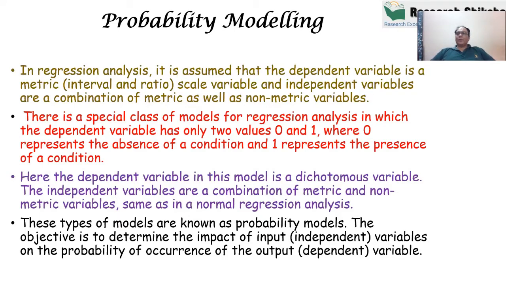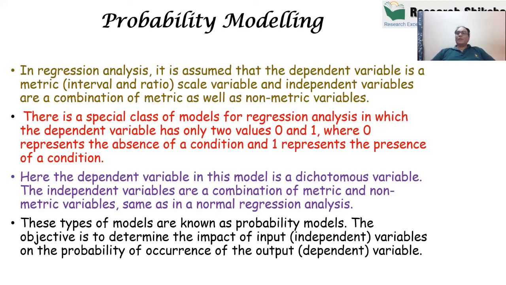The adult residents of the villages who migrated are 1, and the adults who are still there in the village are 0. So the first and basic thing in logistic regression is that your dependent variable has only two possibilities, 1 and 0. If the event happens, we call it 1, and if the event is not happening, it is called 0. For example, if you are selling your product and you meet a person, if he buys your product, you assign 1. If he rejects your product, then it is 0.